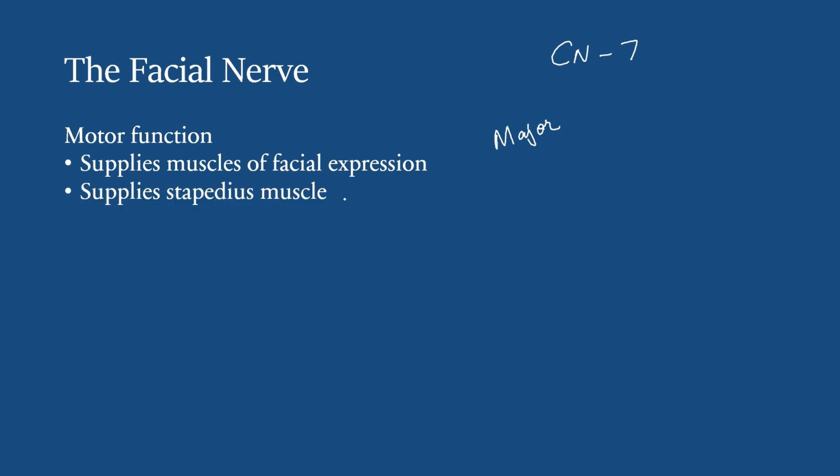Another muscle that it supplies is the stapedius muscle. What is the stapedius muscle? Well, the stapedius muscle is present in your ear. In your ear, you have a bunch of ossicles, and these ossicles vibrate back and forth in order to transmit the sound waves, essentially to the oval window.